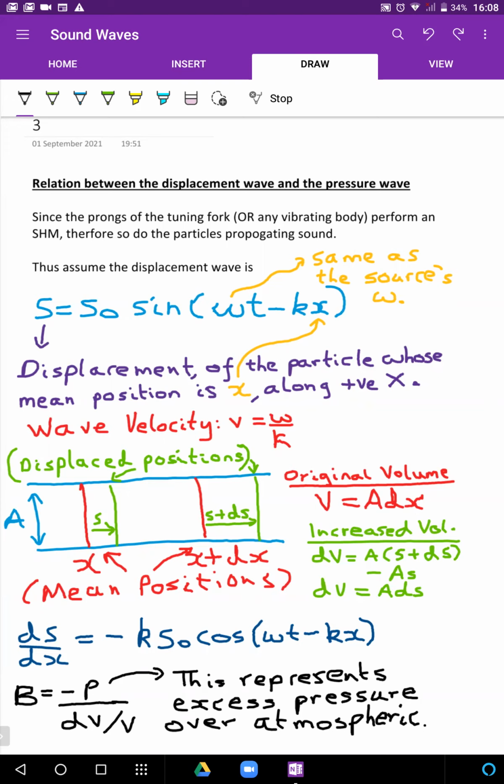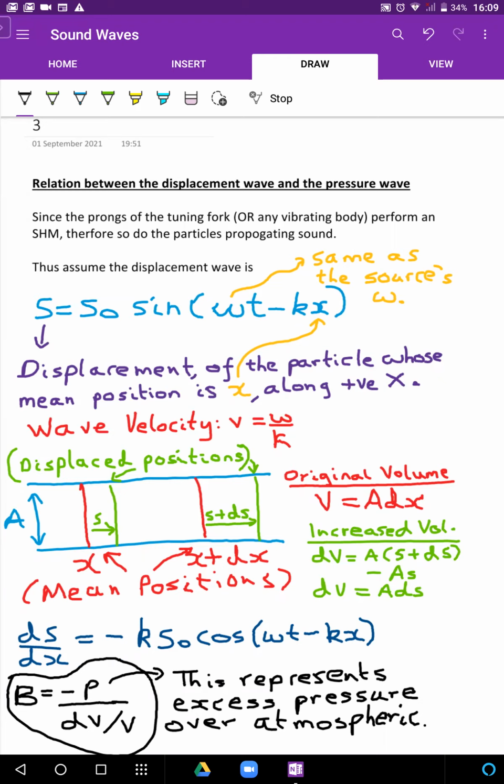Okay, now we are ready to bring pressure into the equation. Bulk modulus is what relates a small change in volume to a change in pressure.